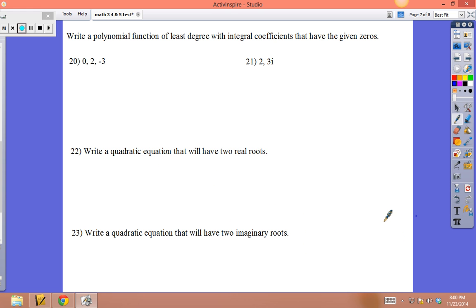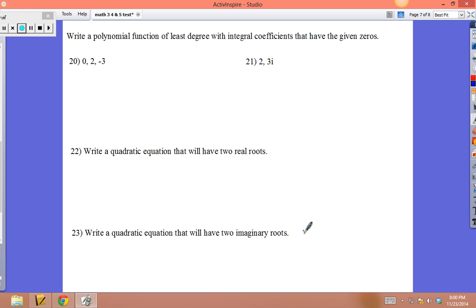If you need to create something that will have 2 imaginary roots, remember, if I choose 5i, then the other one has to be a minus 5i. So those are the 2 imaginary. You can choose any 2 you want, but they got to be pairs, they got to be conjugates. So now it's going to be x minus 5i times x plus 5i.